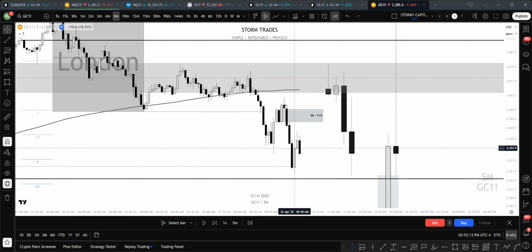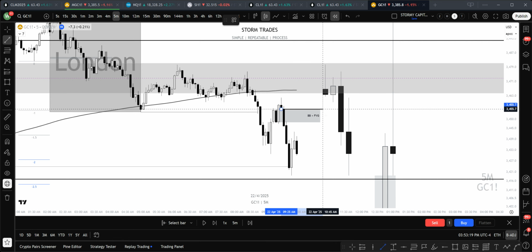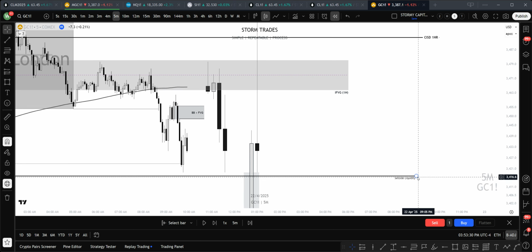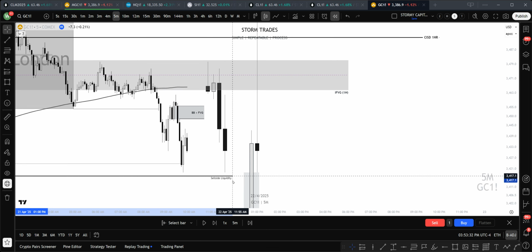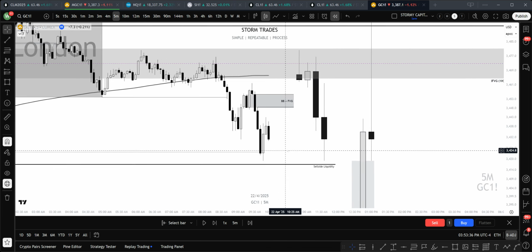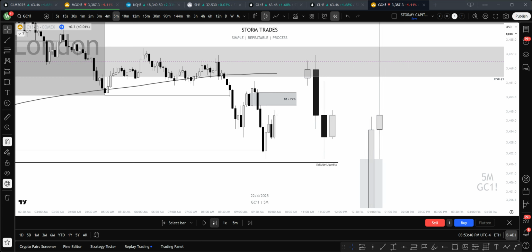And we've created a major displacement, a fair value gap. We still have our sell side liquidity down here that is yet to be run. So let's see what happens to price.